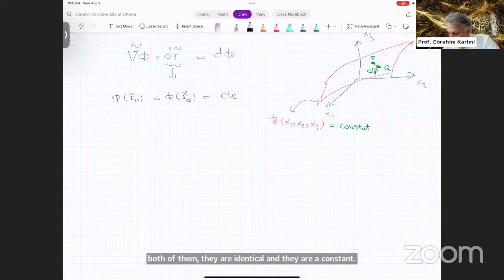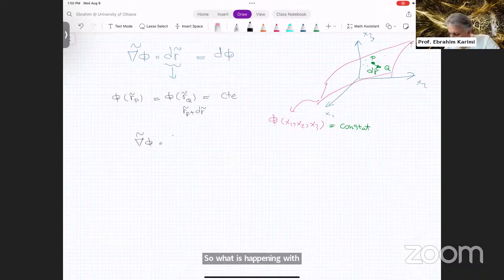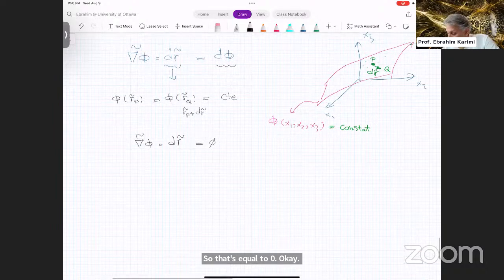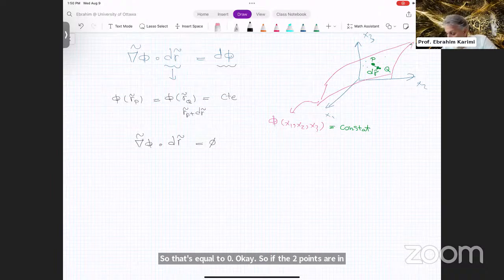And remember, RQ is RP plus dr, this small displacement that you have. So what is happening with the gradient of phi dot dr? Since there is no change in the potential, nothing happens, so that's equal to 0. If the two points are in the same phi surface, then gradient of phi dot dr is equal to 0.